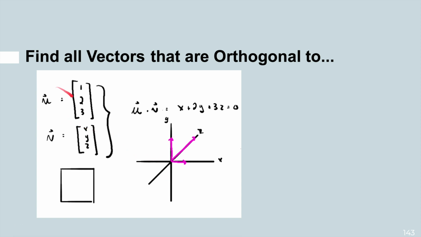So to find that, we're going to dot u with v. u dotted with v is 1x plus 2 times y plus 3 times z, and that's equal to 0. Because they asked us to find all the vectors that are orthogonal to u, that is all we're going to do, because we already found the equation for our plane.